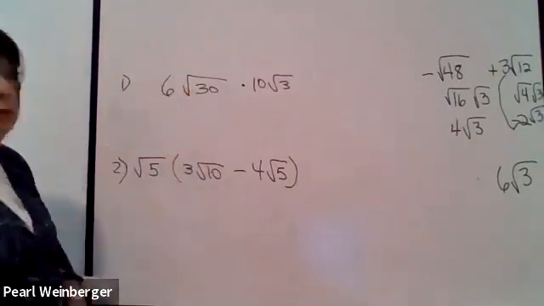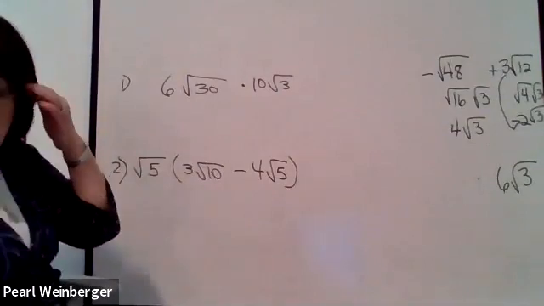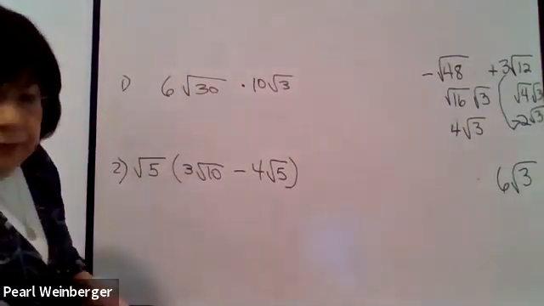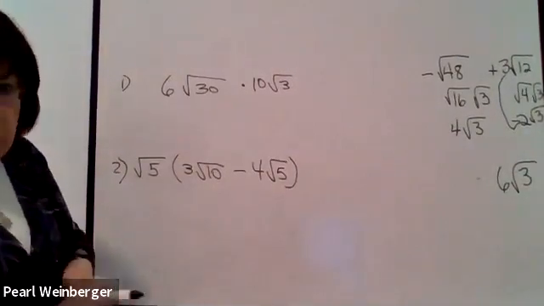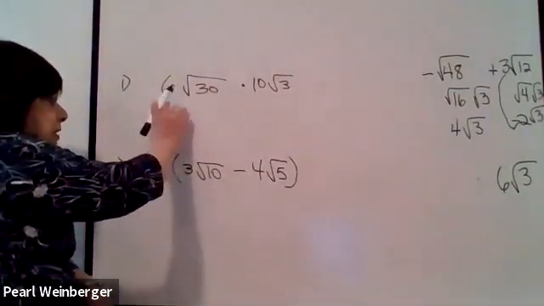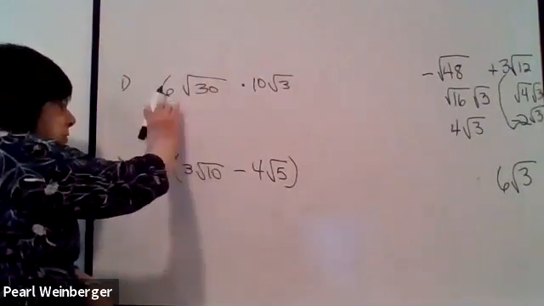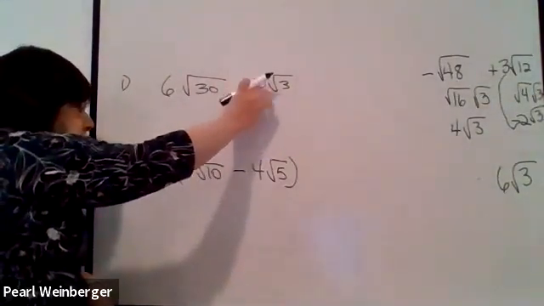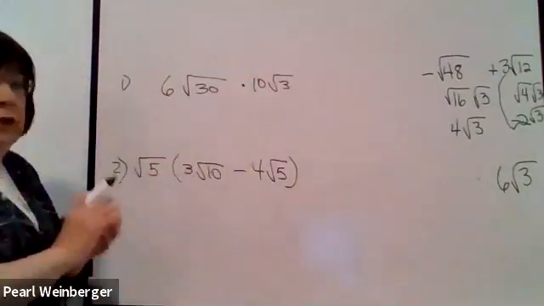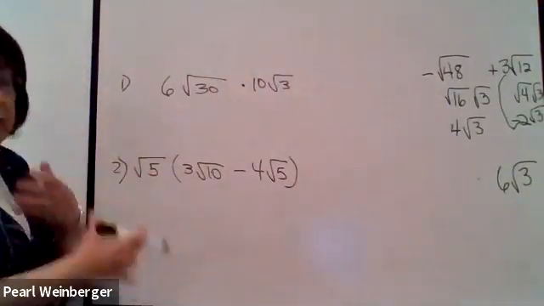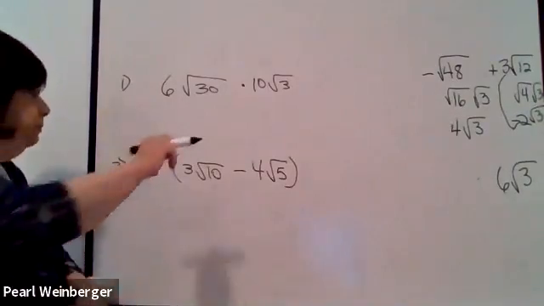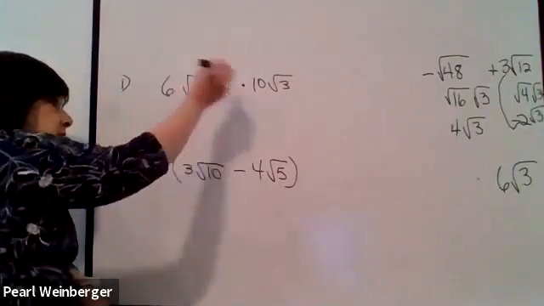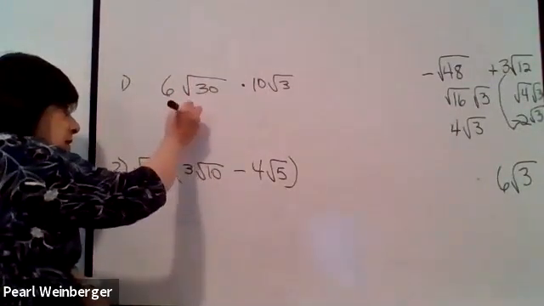Okay, let's work with this one on the top. It's not too hard to do. Again, we have a monomial, 6 radical 30, times another monomial, 10 radical 3. We know they're monomials because I don't see any pluses or minuses in between. I take the numbers on the outside and I multiply. 6 times 10 is 60.